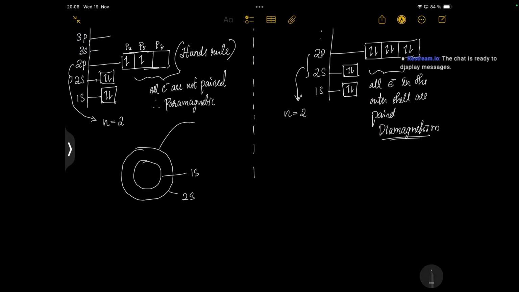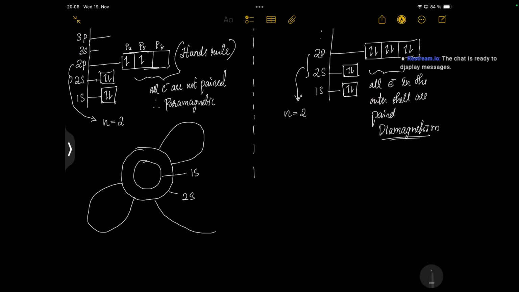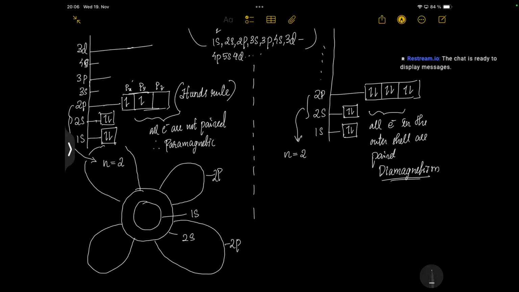And this would be the 2p, and as only px and py are filled, we could say one of these would be px and one of these would be py.